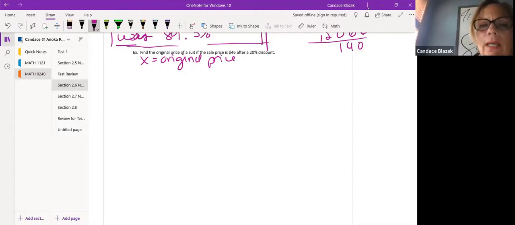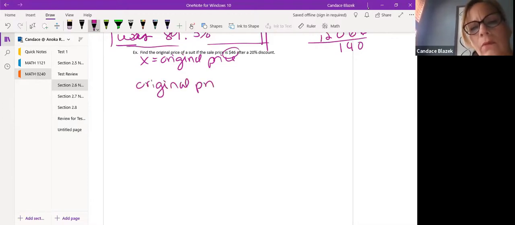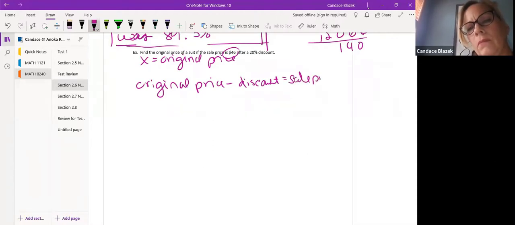I know that the original price, subtract the discount, gives me the sale price. That's what we've been doing. So the original price is what I want to find.